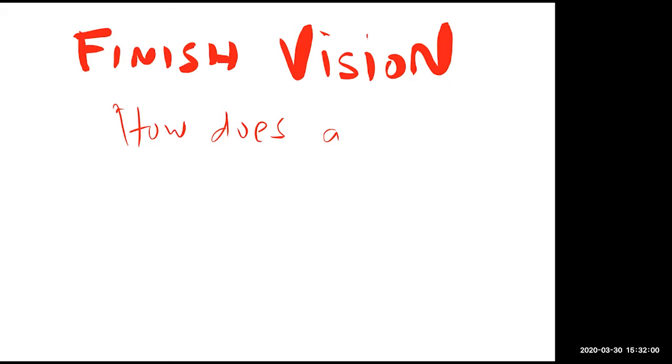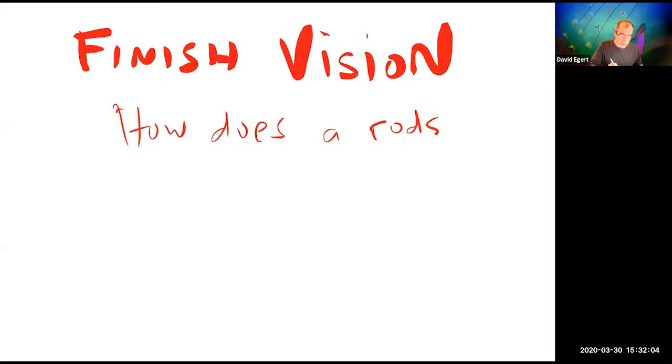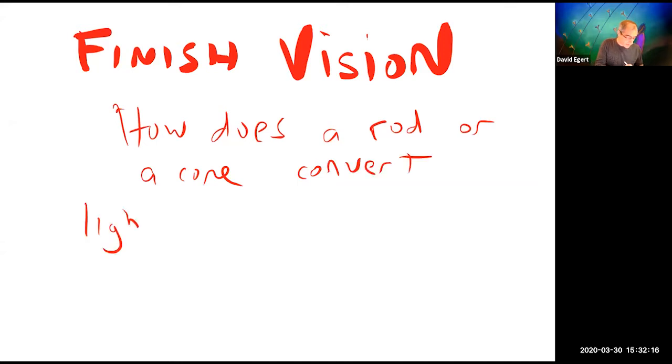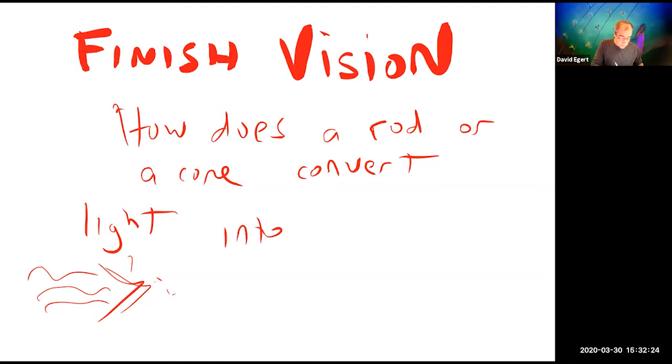A rod or a cone. Yeah, exactly. Rods and cones. So then the question is, how does a rod or a cone convert light, which is, again, just electromagnetic radiation, just this weird energy, into some electrical signal?